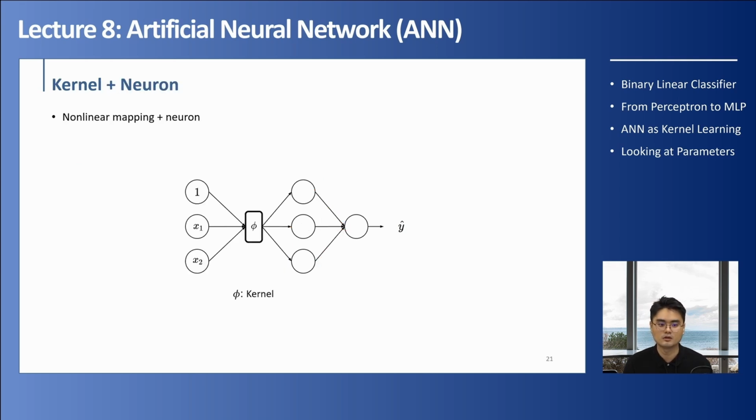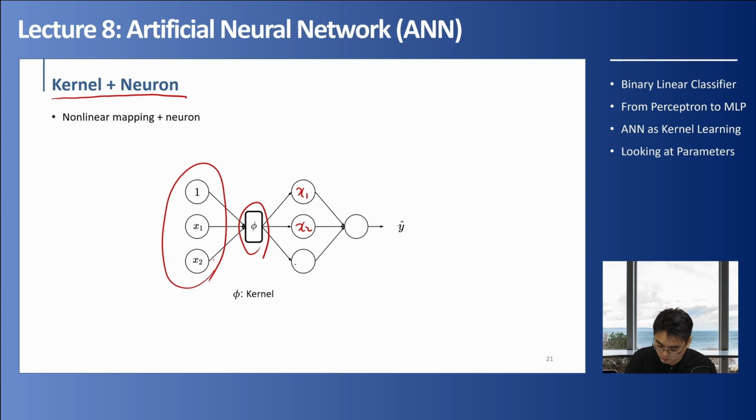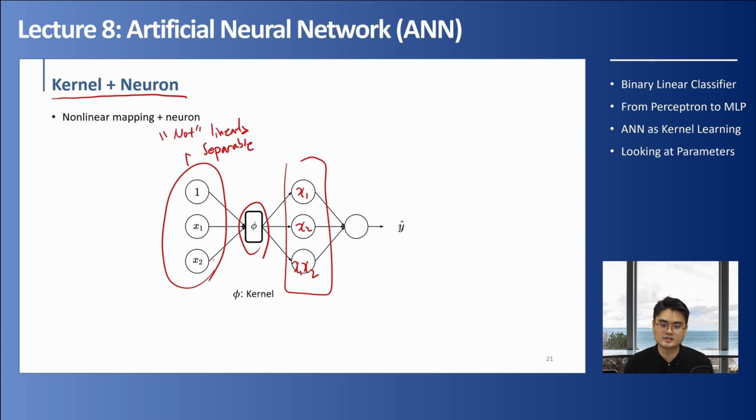So we need to add some kernels and neurons. We're going to connect some kernel function to our neurons here. One for bias, x1 and x2 for our input features, and we have this phi as our kernels. What happens here is we're going to make our kernel represent x1, x2, and x1 times x2. Originally this was not linearly separable.